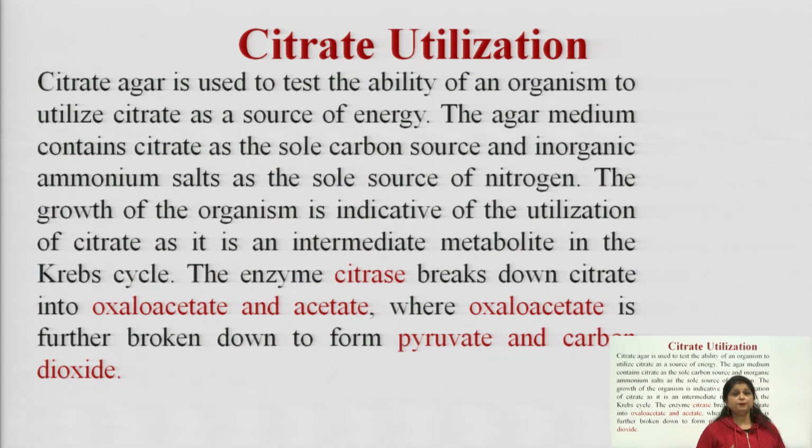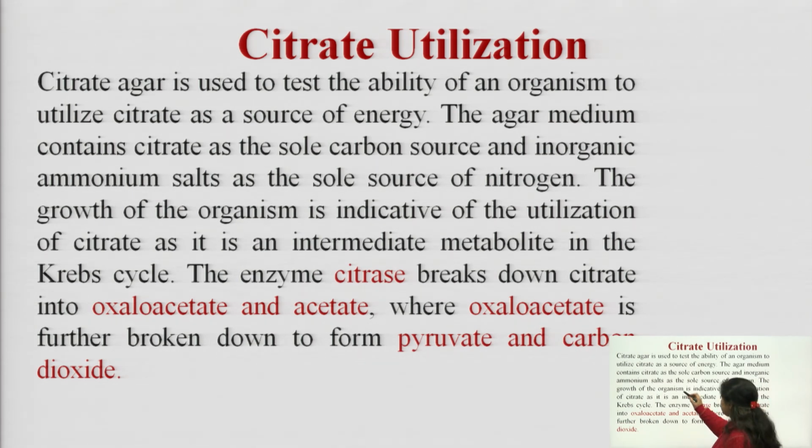The enzyme will be citrase. This test will identify the bacteria which release the enzyme known as citrase, and if we have a broth which contains citrate, that citrase enzyme will metabolize the citrate within the broth.